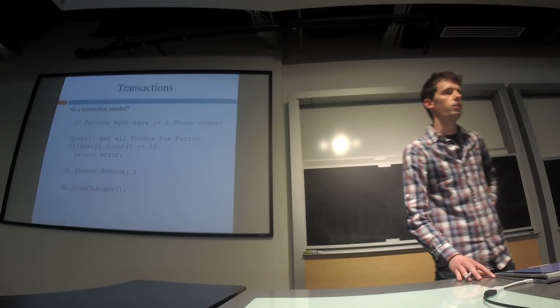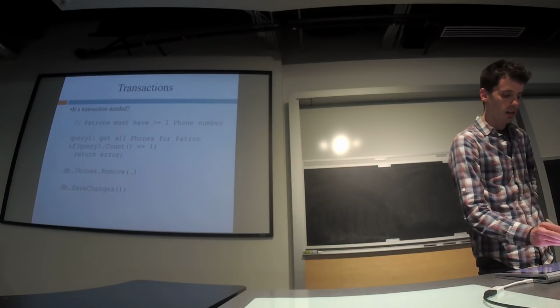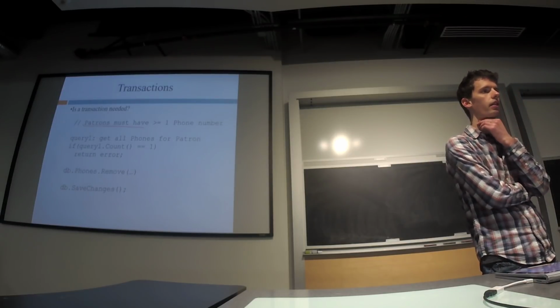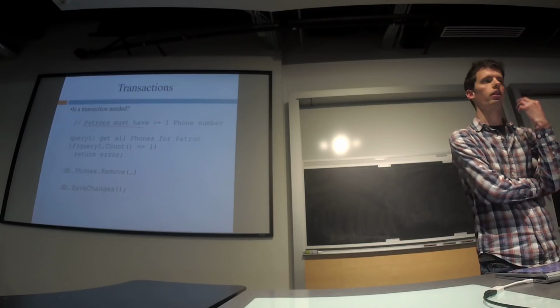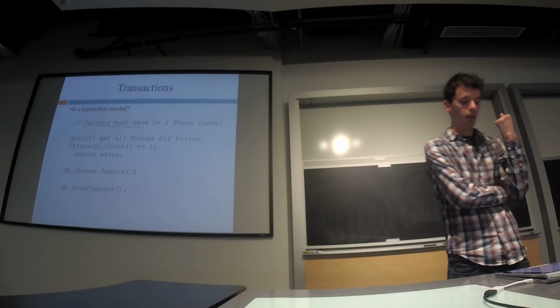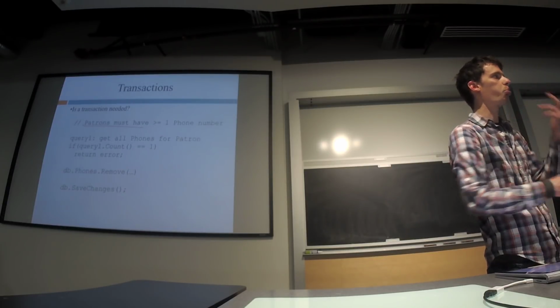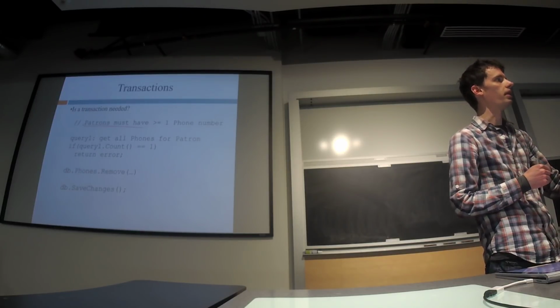Okay, about this one. So we have some other query where patrons must always have greater than or equal to 1 phone number. There's some web server running where you can go in and remove a phone number from a patron. And the possible problem here is, what if there are two browsers connected to the web server, both trying to remove a number from the same patron?